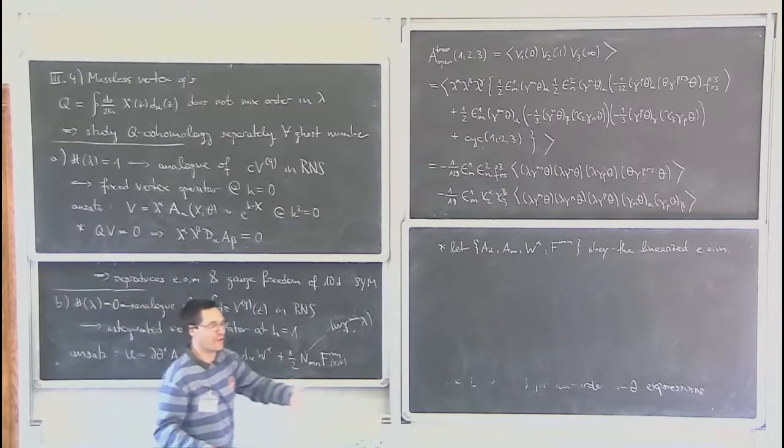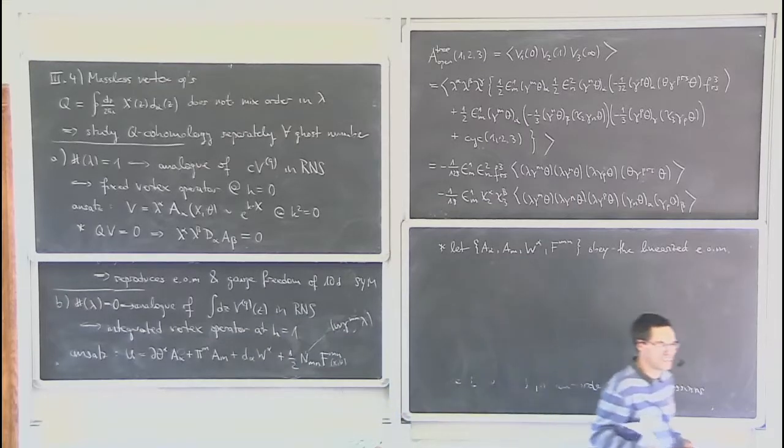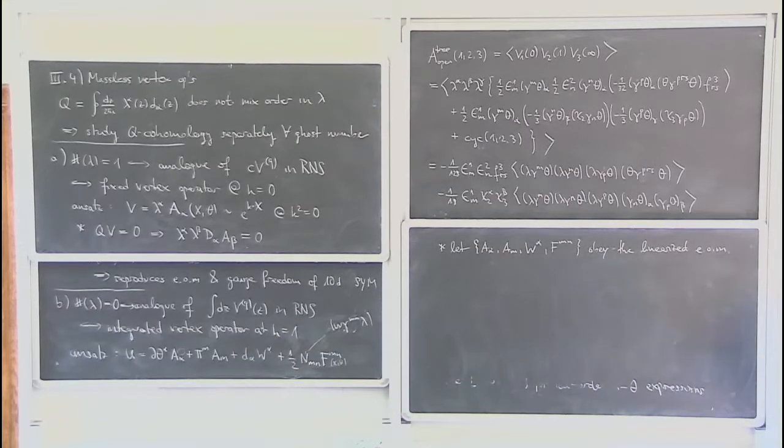You can learn what these expressions must be. These are the integrated vertex. Okay, that's the next thing I'll get to. You are right. When you do the BRST, you get the derivative. Okay, that's true.